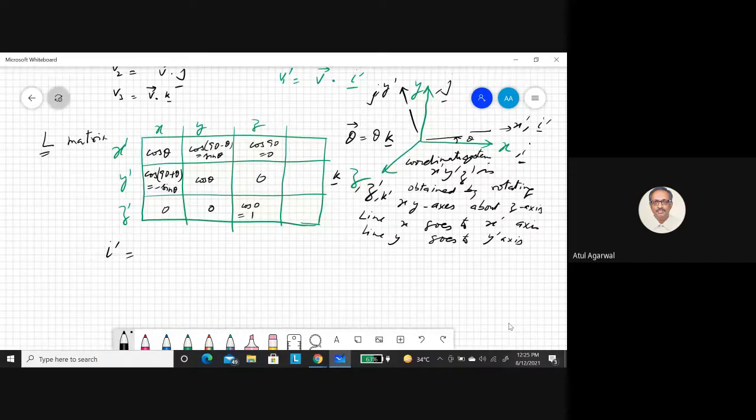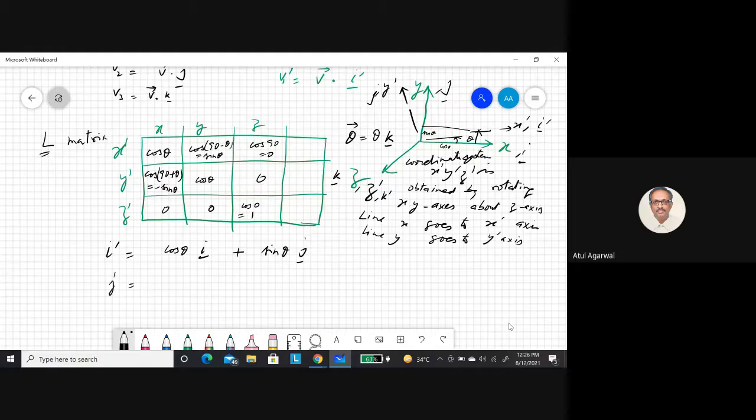Basically, I have to draw a perpendicular to the x-axis and a perpendicular to the y-axis. So this will be cos theta, and this will be sin theta projections. So my vector i prime is cos theta i plus sin theta j. Since these vectors are perpendicular to the z-axis, that is not contributing.